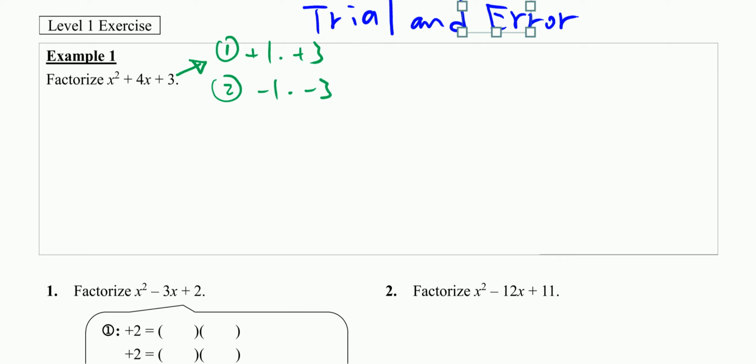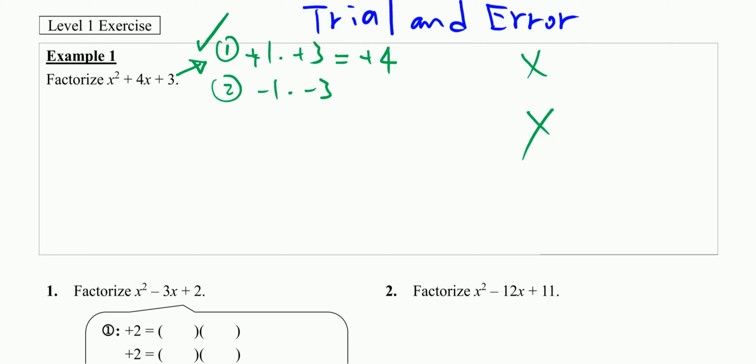For these two, both of them multiplied equal positive 4, but we need positive 3, not positive 4. And we can only know that for part 1, the sum should be positive 4. So we should choose 1 as our choice, and here we should put 2x.